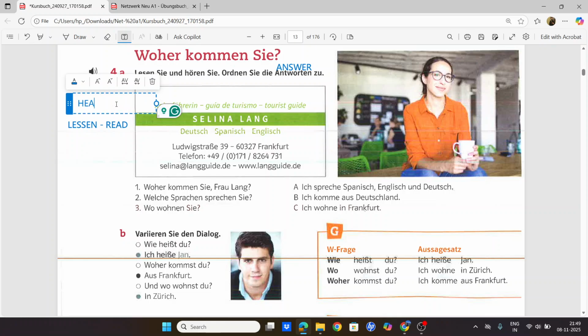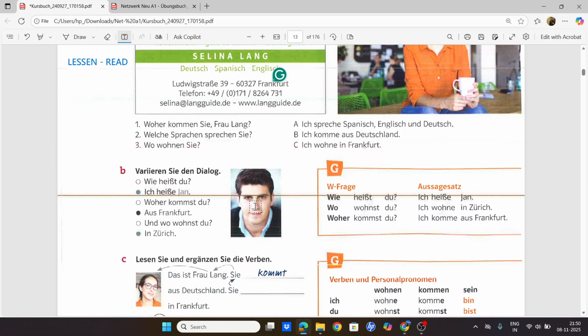Hören means to listen to audio, and lesen means to read the text, reading something. So this is for lesen, and hören was already mentioned for listening.